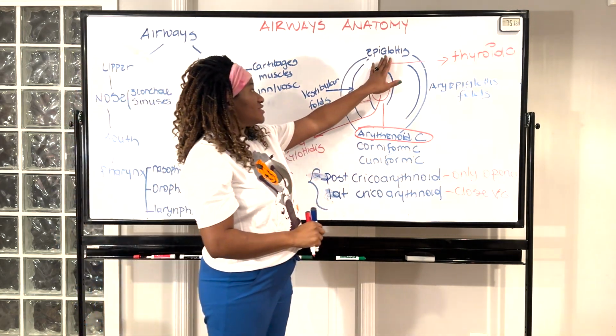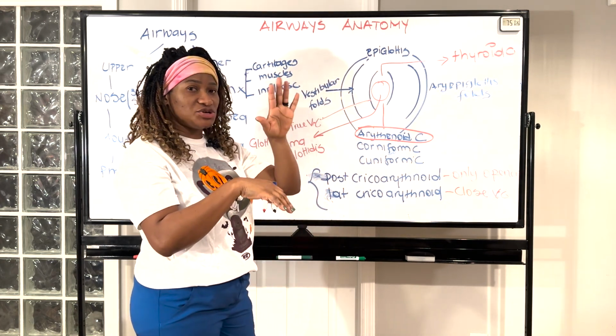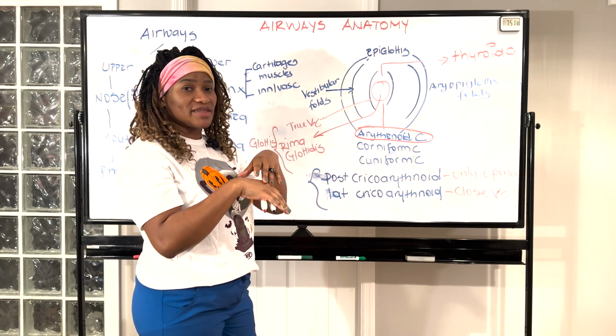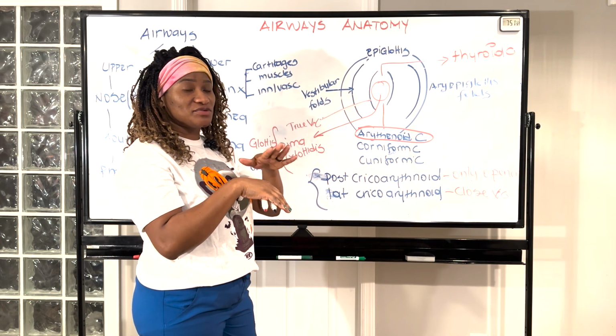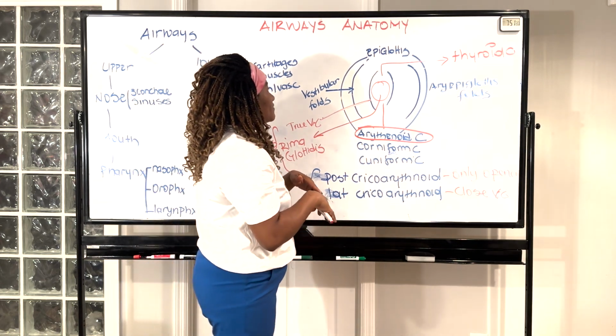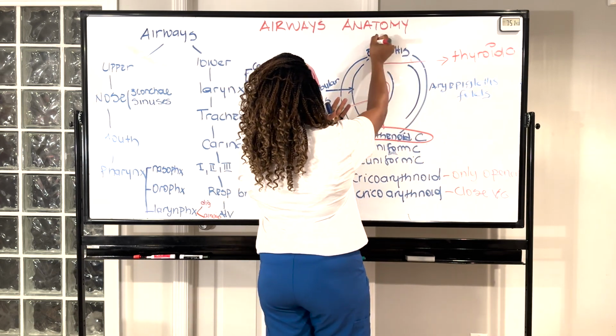Now, the epiglottis is like a flap of tissue. It's going to close over the vocal cord every time that we swallow, so the food doesn't get into the airways.